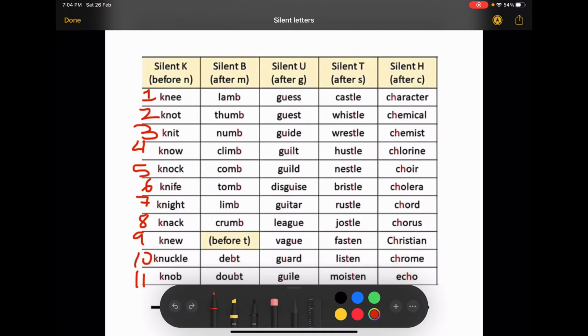And the second word we have is thumb. You pronounce it as T-H-U-M, T-H as 'th' and U-M, so 'thumb'.